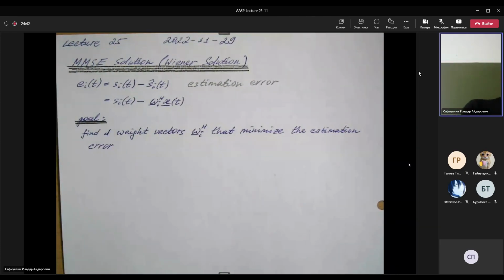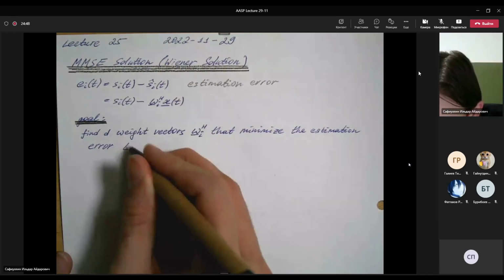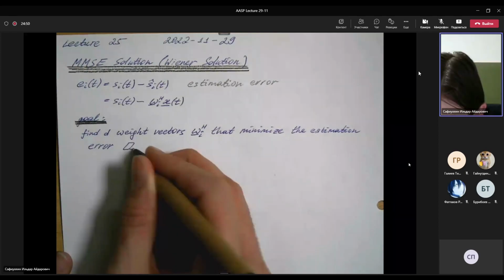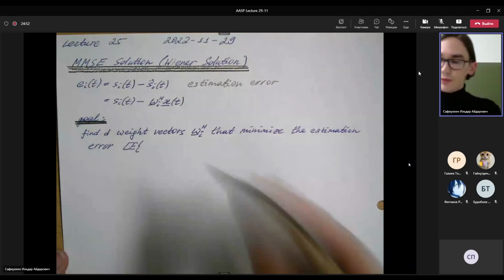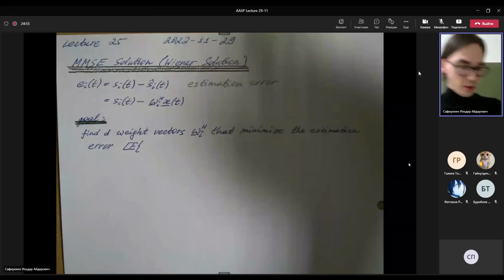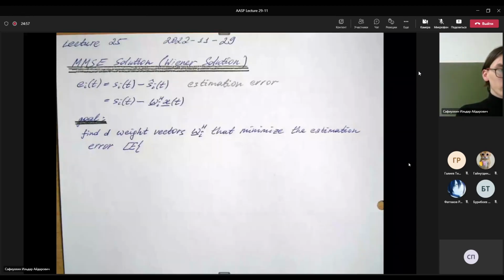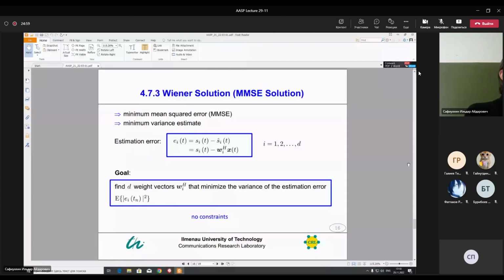If we use mathematical representation, it is equal to the expected value of the variance of this error, I think. Yes.